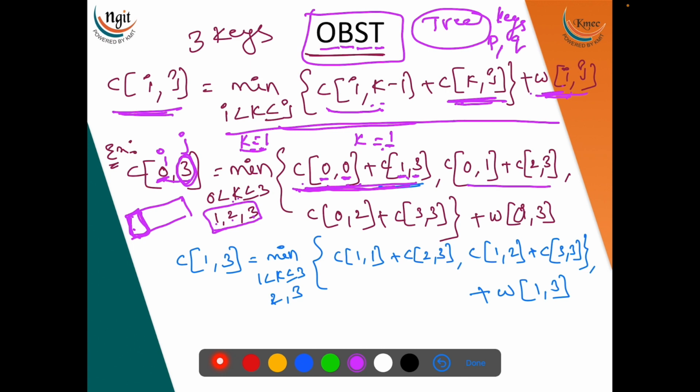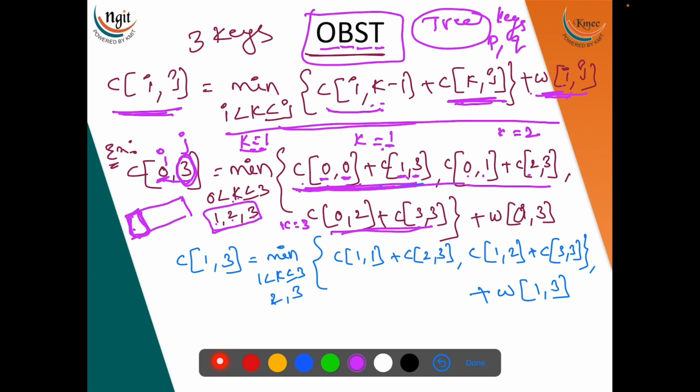And this is C of 0 comma 1, C of 2 comma 3, which is k is equal to 2, and this is k is equal to 3. For all the possibilities of k, we will calculate the cost. Whichever cost is minimum among these 3, that will be considered.